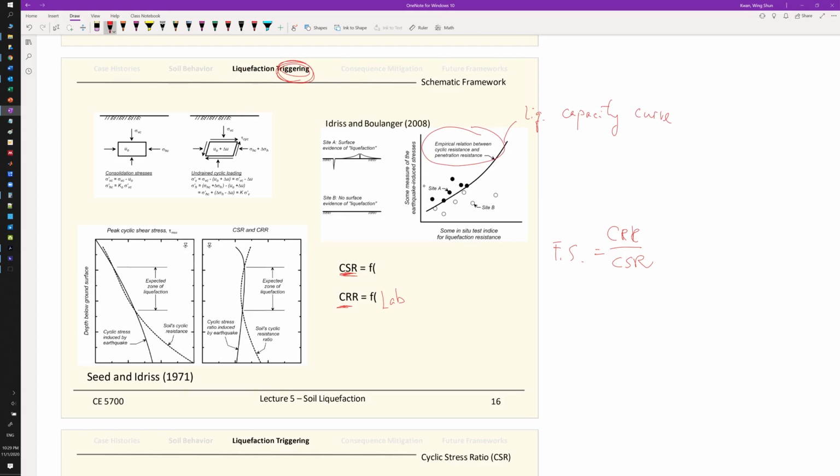In this case, the solid dots are where liquefaction happened, and the open dots here are where no liquefaction happened.